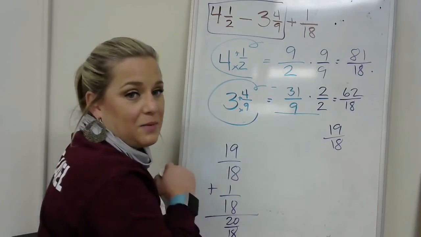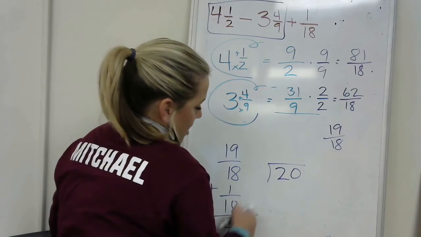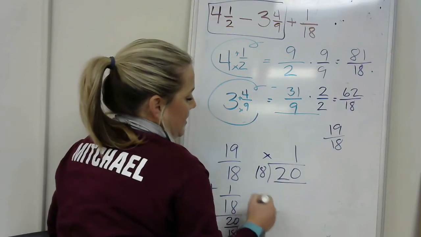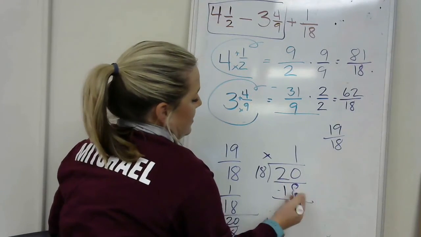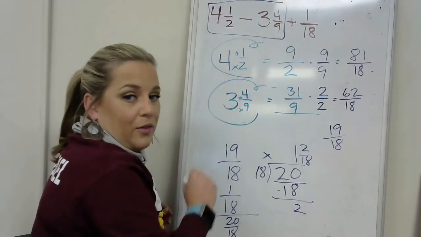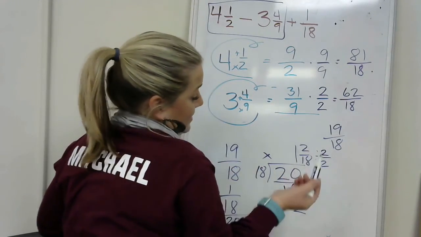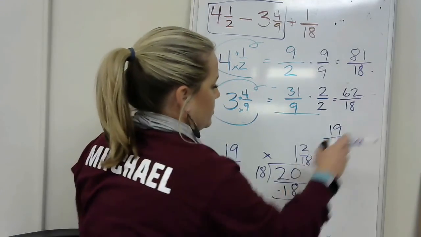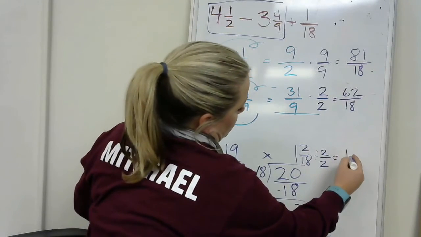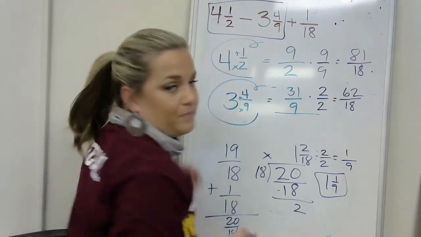And then I can TIBO that. 20, top in, bottom out. 18 will go into 20 one time. 1 times 18 is 18. 20 minus 18 is 2. 2/18, but we know that can get tinier. I can divide them both by 2 because they're both even numbers. 2 divided by 2 is 1, and 18 divided by 2 is 9. So 1 1/9 would be our answer, okay?